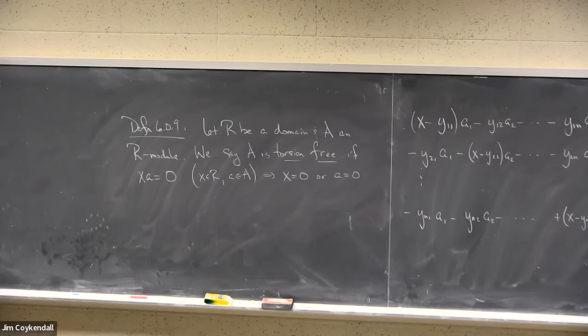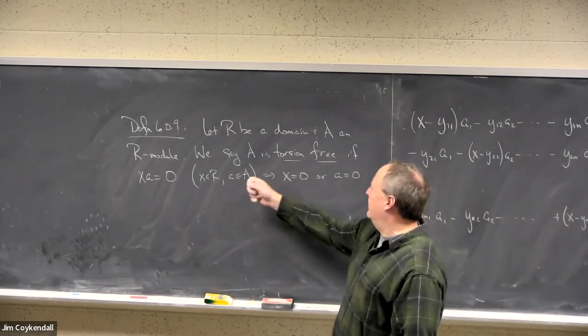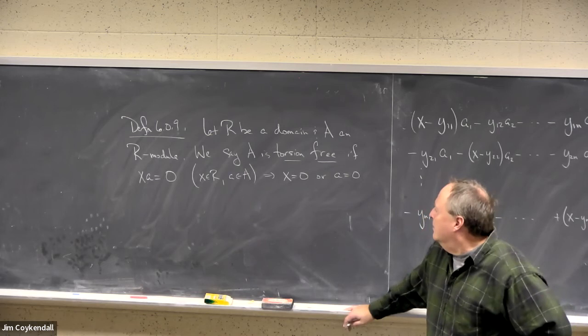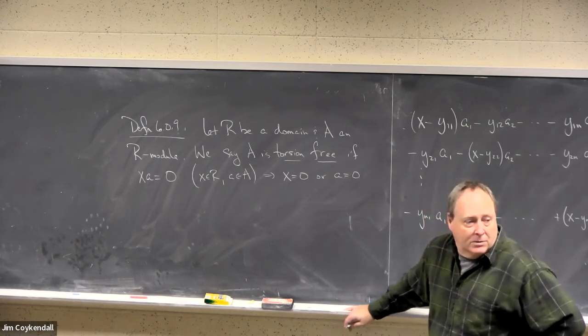What is a torsion element? We'll say a is a torsion element if there's a non-zero element x that kills it. So it's torsion free if only zero is killed by stuff that's not zero.